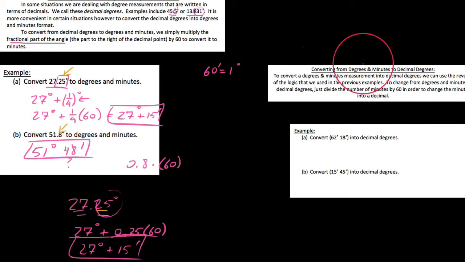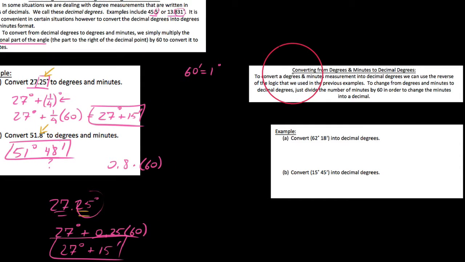It's going to be kind of the opposite to go from degrees and minutes to decimal degrees. I think it's a little bit easier. So over here we took the fractional part and multiplied it by 60. It says to convert a degrees and minutes measurement into decimal degrees, we use the reverse logic. To change from degrees and minutes into decimal degrees, we'll just divide the number of minutes by 60, in order to change the minutes into a decimal.